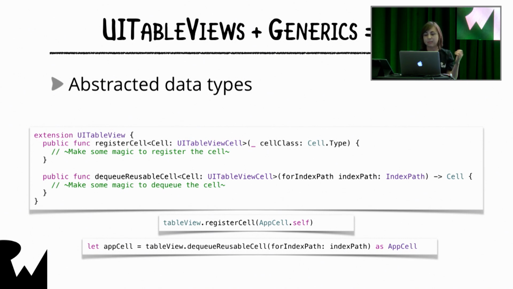And then we pass the type of that cell to the function. In the dequeue reusable cell function, we do the same, but this time we also pass the index path, and we return the cell. And our code looks a lot cleaner now. So we basically made the reuse identifier obsolete. So that is step 1.